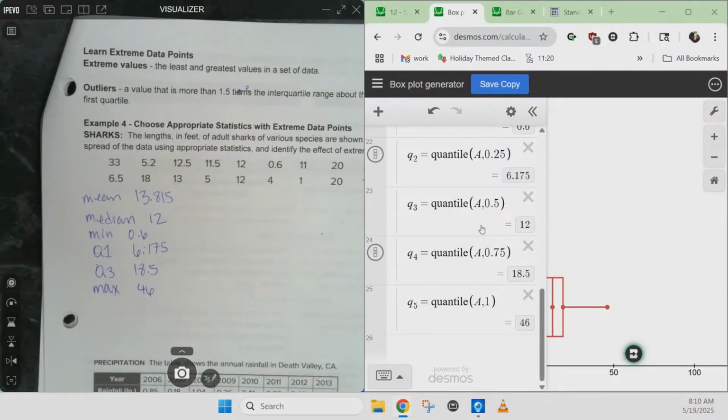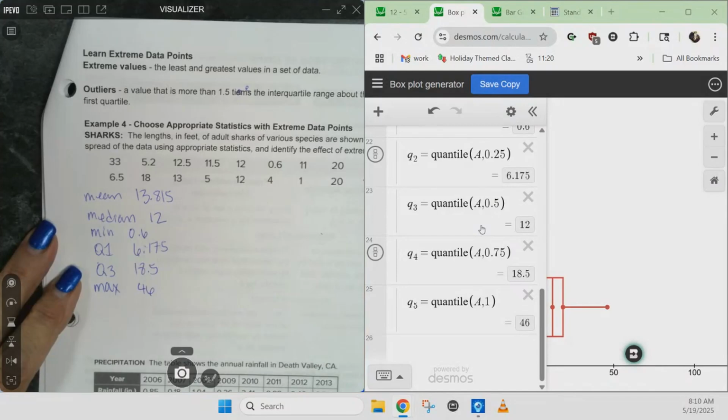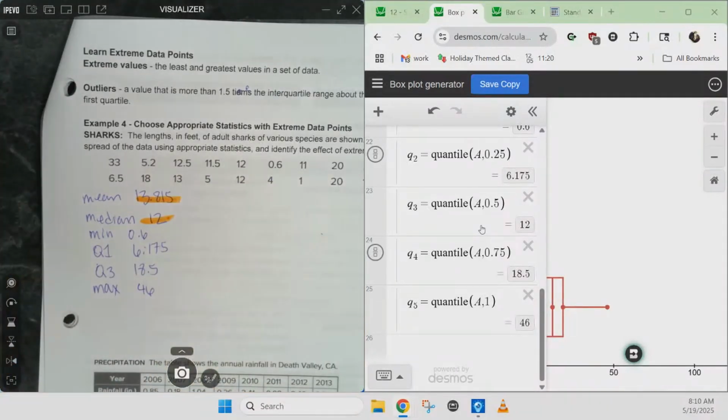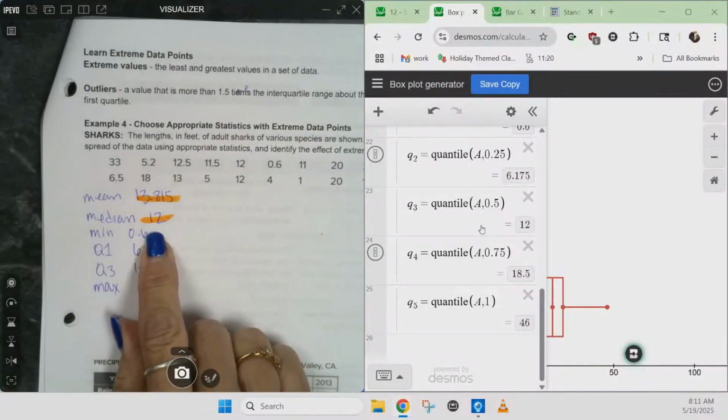And so we need to know, first of all, which one would we use? If we were going to plot this, which one would we use? Well, we would look at the mean and the median first. Okay, so the mean is higher than the median.